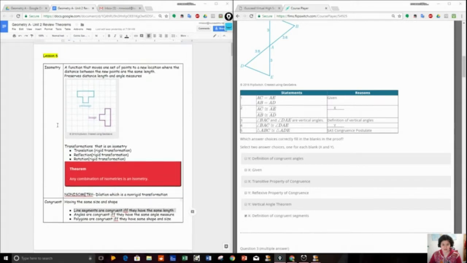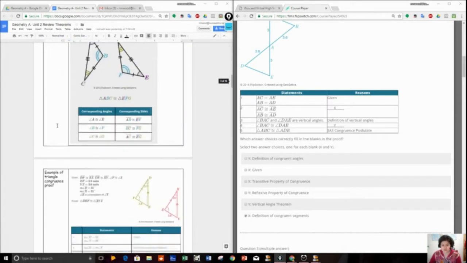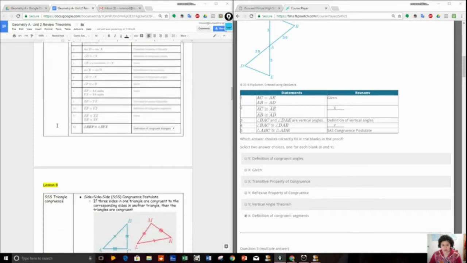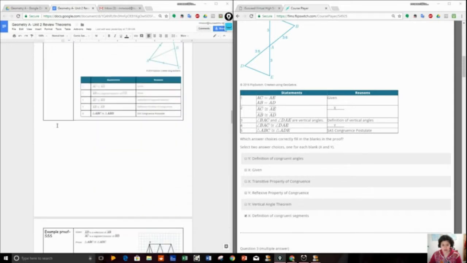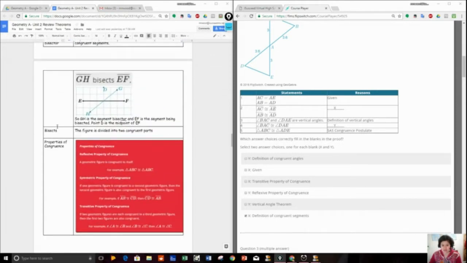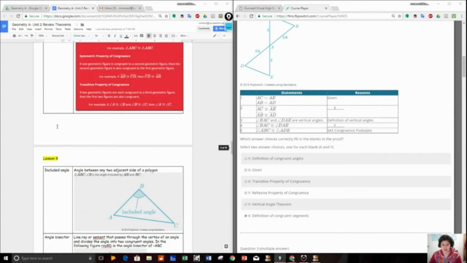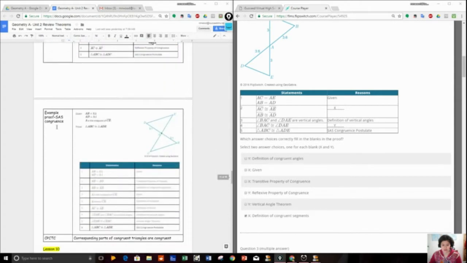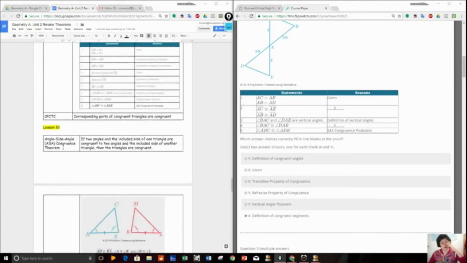Okay, I'm scanning and I don't see the vertical angle theorem right now, but I will be adding that so that it is included in the notes. Bisector, side angle side. Okay, I'll add that to the notes so you have it.